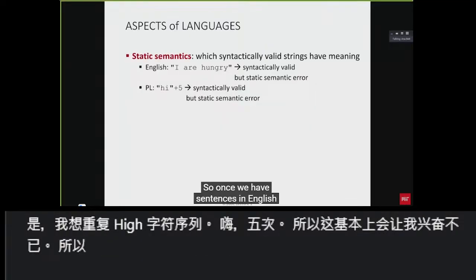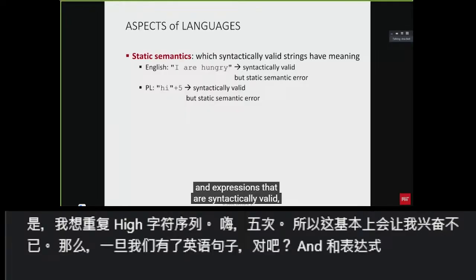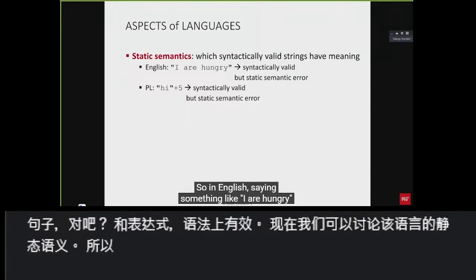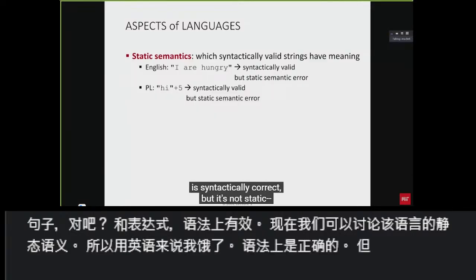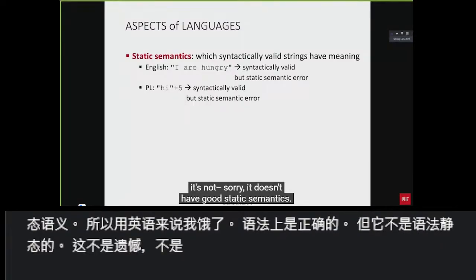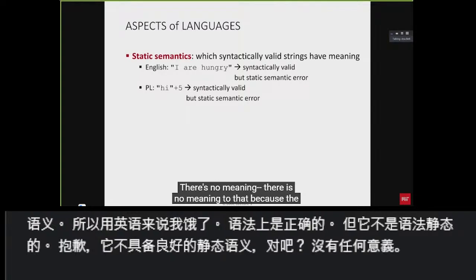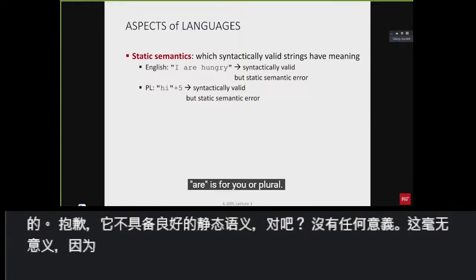Once we have sentences in English and expressions that are syntactically valid, we can now talk about the static semantics of the language. In English, saying something like "I are hungry" is syntactically correct, but it doesn't have good static semantics, right? There's no meaning to that because the "are" is for you or plural.